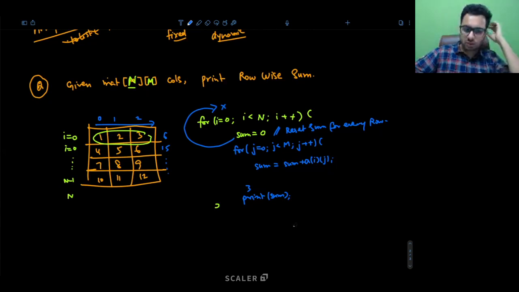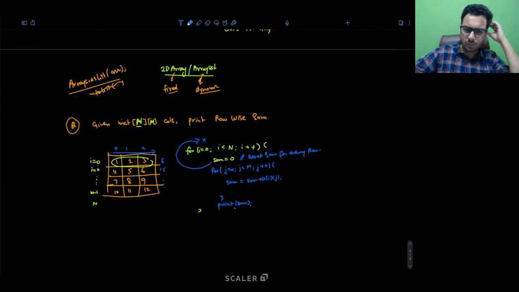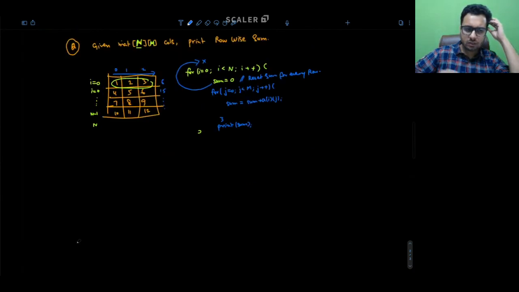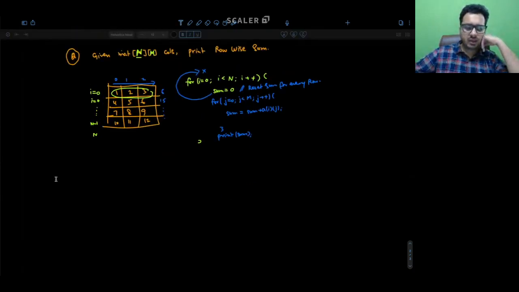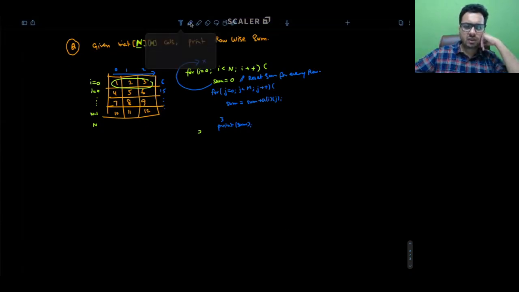Let me change the question. So let us change the question a little bit. Given the same array, I want to find out the column whose sum is the largest.